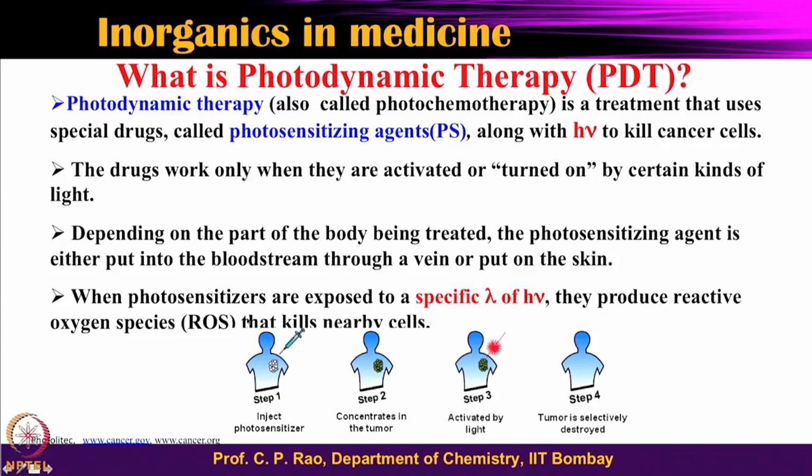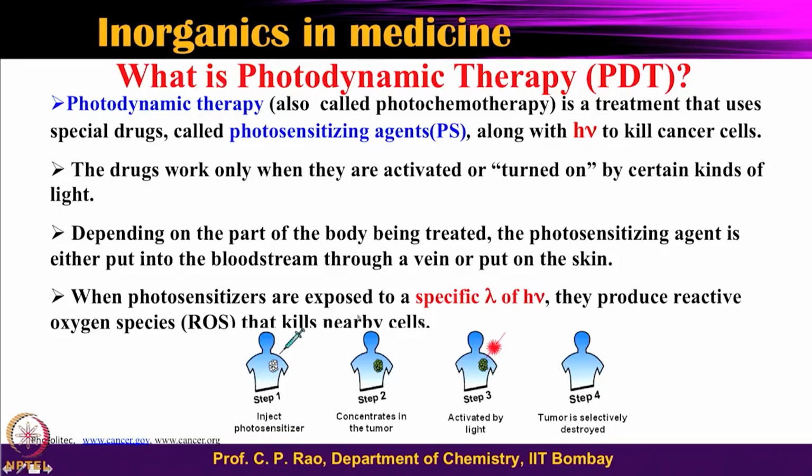When photosensitizers are exposed to a specific wavelength lambda of the light, they produce certain active species. These are called reactive oxygen species, and you will see more details in a later slide: things like the superoxide radical, hydroxy radicals, oxo species.